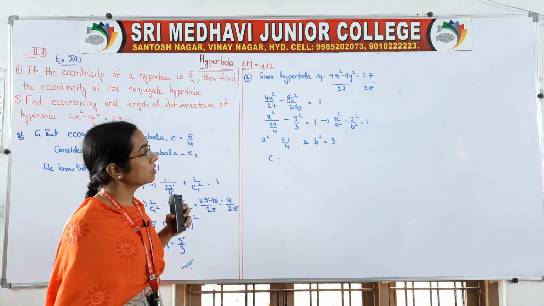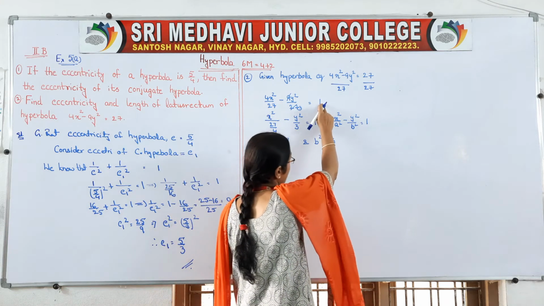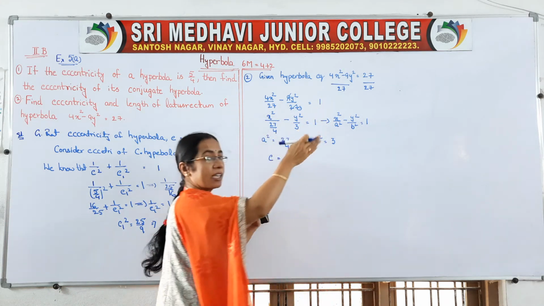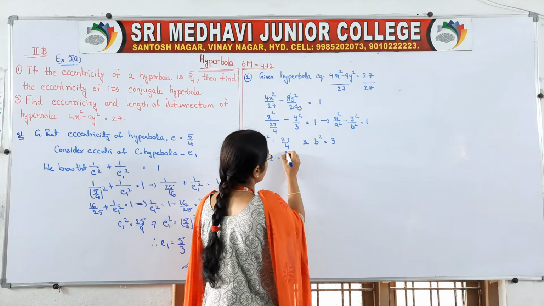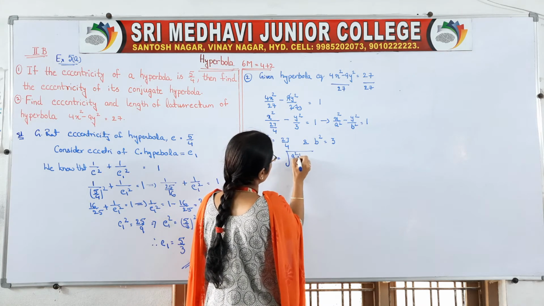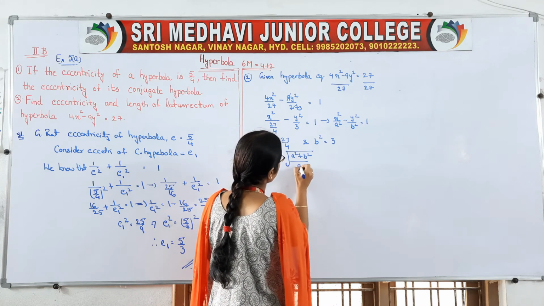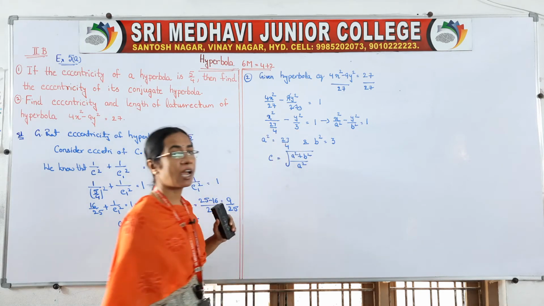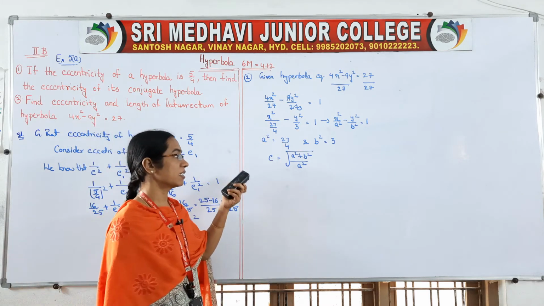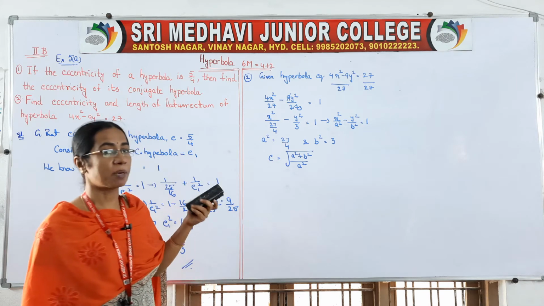Otherwise, if the right side is 1, our eccentricity is root of a square plus b square by a square. If the right side is minus 1, then eccentricity is root of a square plus b square by b square.